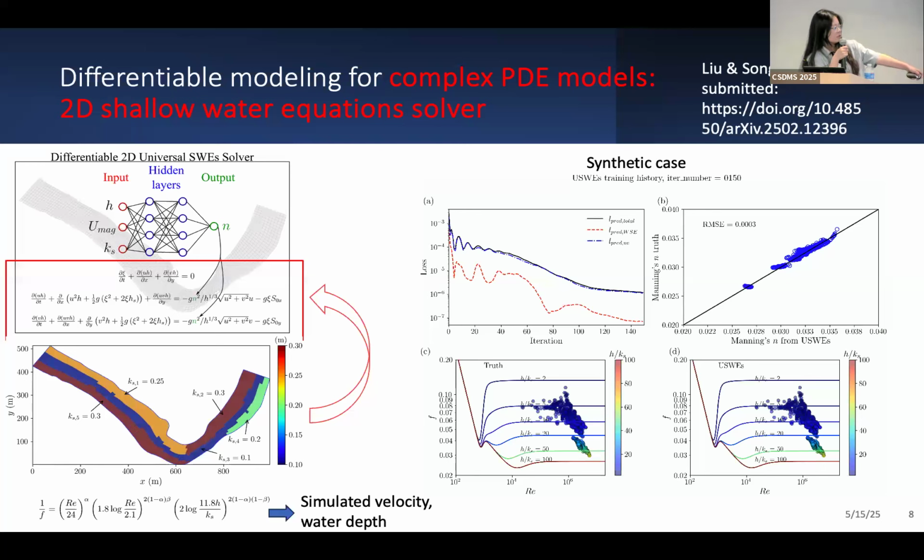This is the pattern of the relationship between the friction, the Reynolds number, and the roughness from the empirical formula, and this one is reconstructed by the neural network. Those two look identical. That means the neural network can now learn the relationship we used in the numerical simulation.